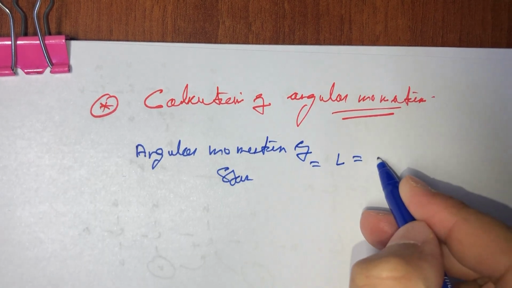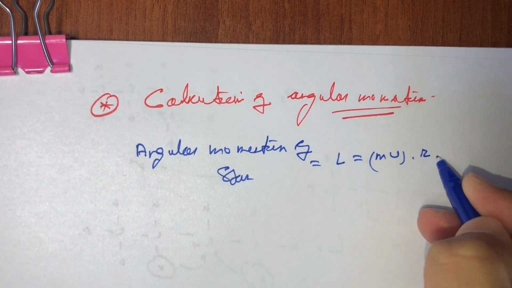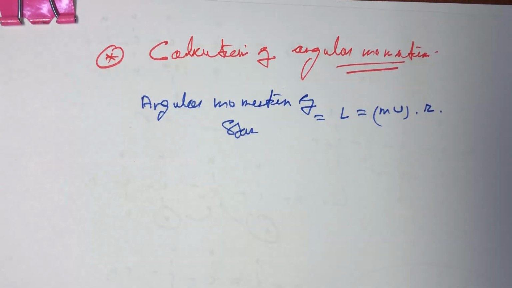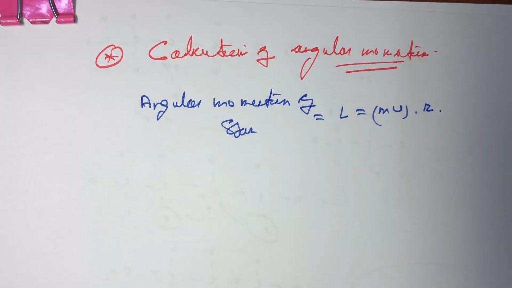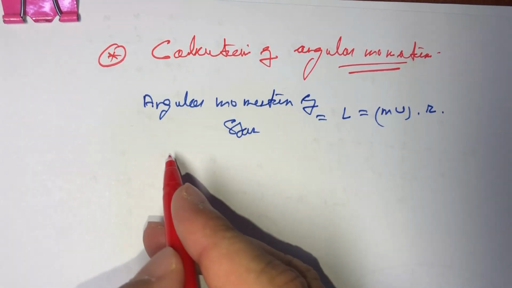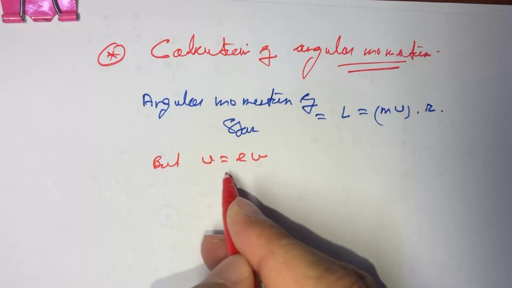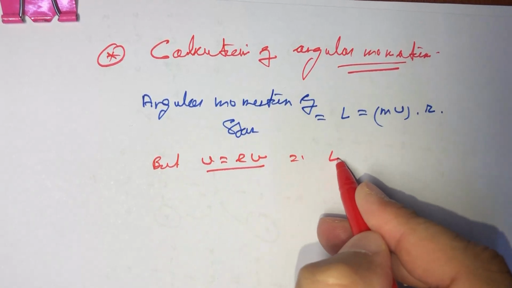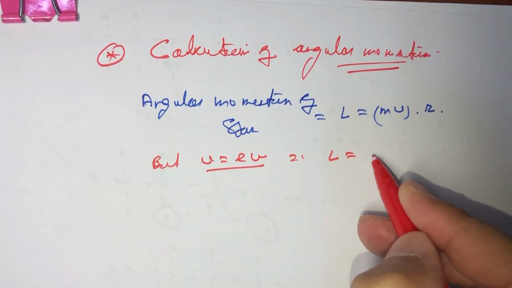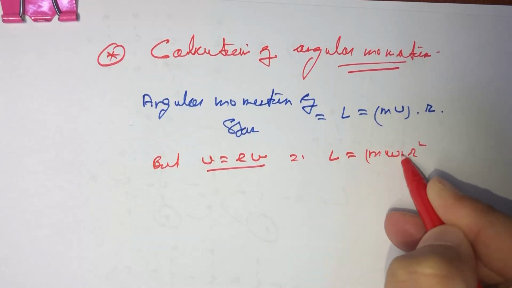So this will be equal to mass into velocity multiplied by the distance, which is R, and we know the relationship V equals omega R. But V is equal to R omega, so therefore we get L will be equal to M omega R square.